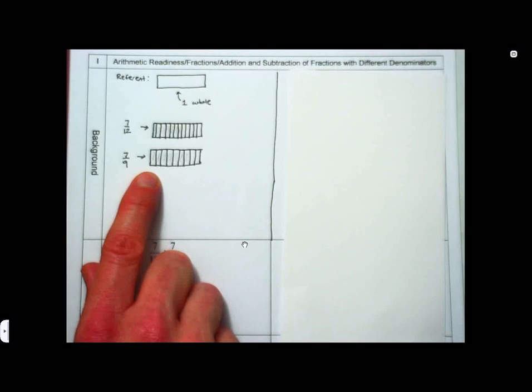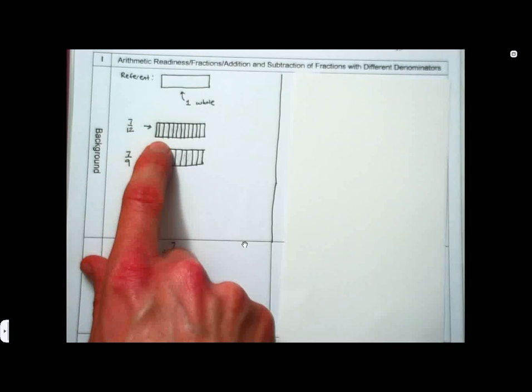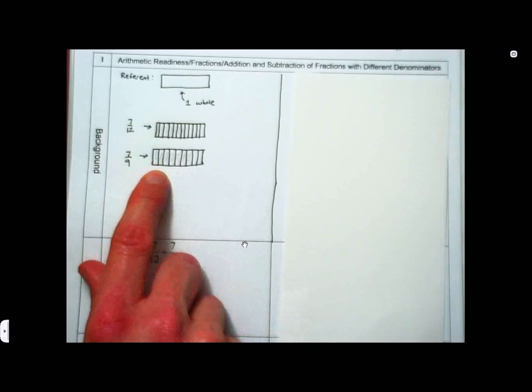But what you can see, hopefully, from this picture is that the individual pieces in this rectangle are bigger than the pieces in this rectangle. Why is that? Well, I had to fit 12 pieces in one whole here, where I only had to fit 9 pieces here.